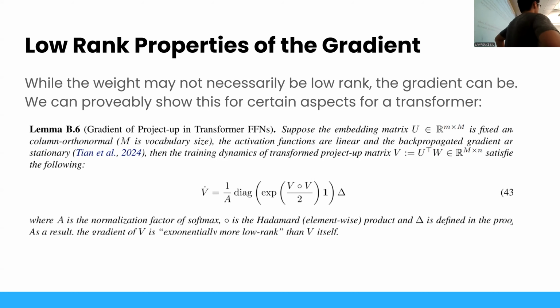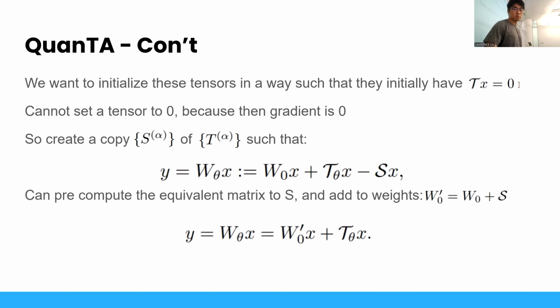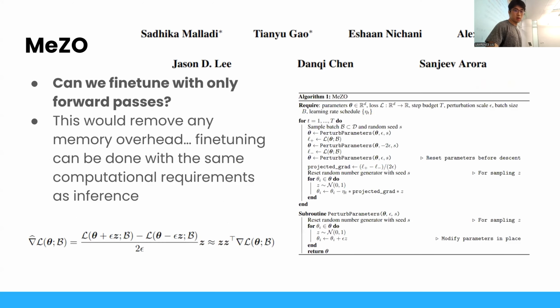So I was wondering, there was a slide where you talked about forward propagation, where you didn't use backpropagation. Yeah, the MeZO paper. Was that actually successful? Yes, surprisingly, yes. It's comparable to LoRA.